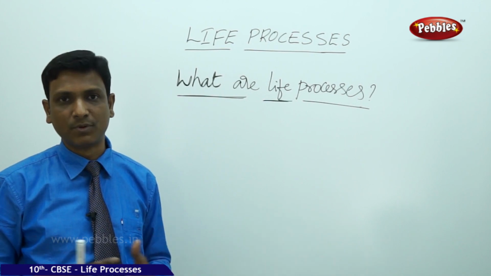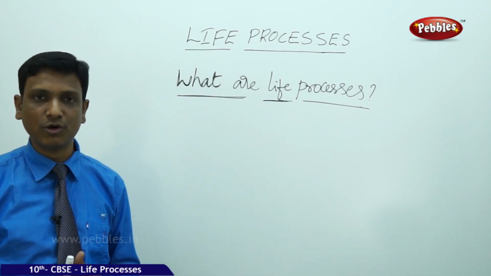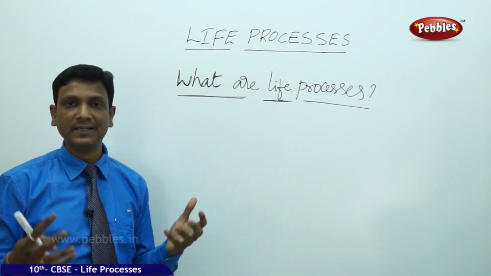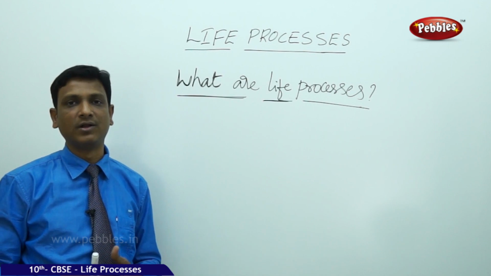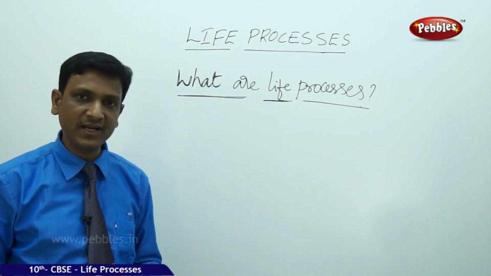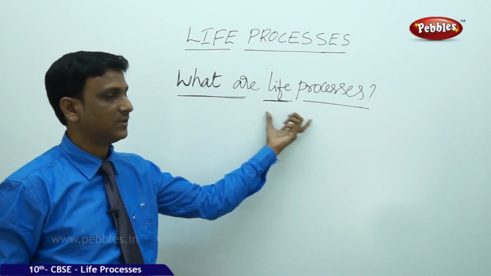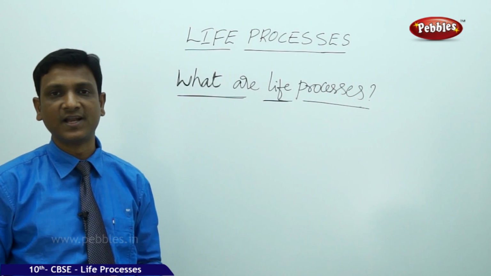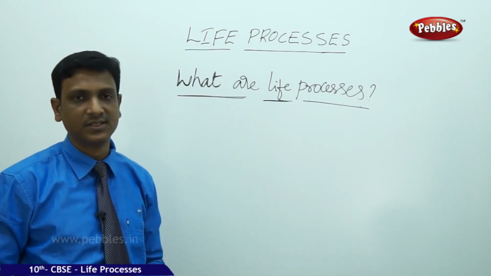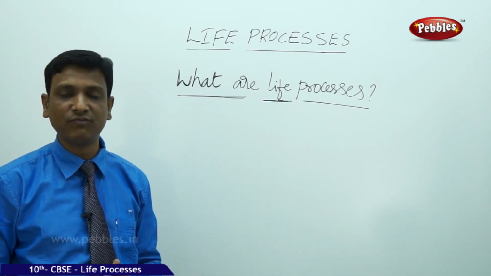So nutrition is the process in which you obtain the materials needed for your body, either for production of energy, or for growth, repair, maintenance and all such. So that is nutrition. Every living thing needs to have the life process of nutrition. Nutrition is one of the important life processes, because it is the main thing which supplies energy to your body in the form of molecules.